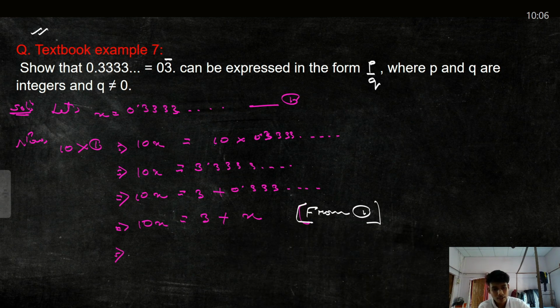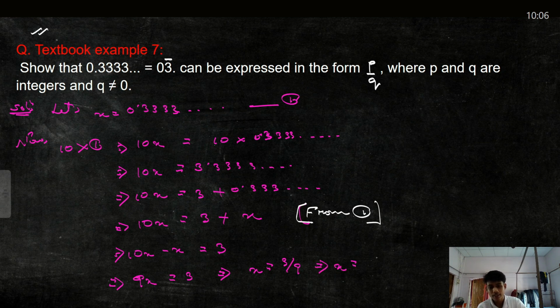That means 10x minus x is equal to 3. We have taken the x to the left-hand side. That implies 9x equals 3, which will become x equals 3 by 9.